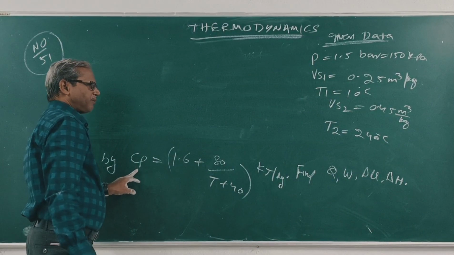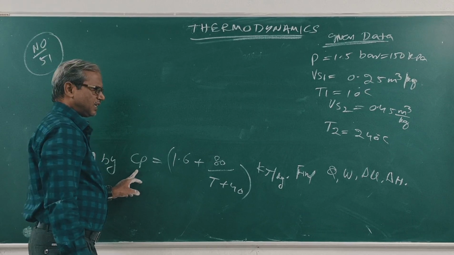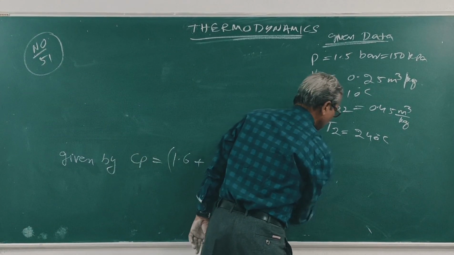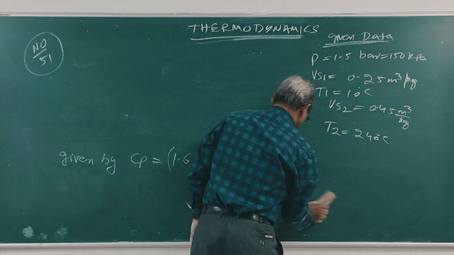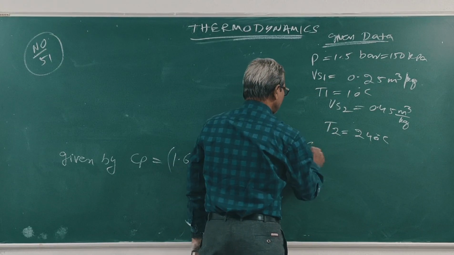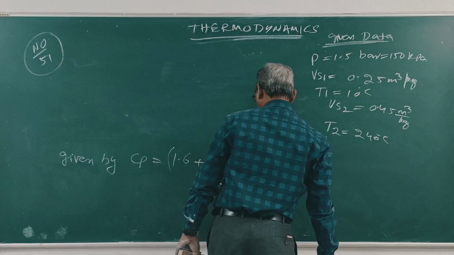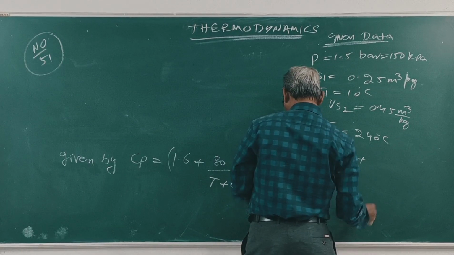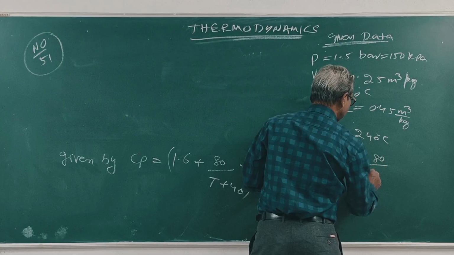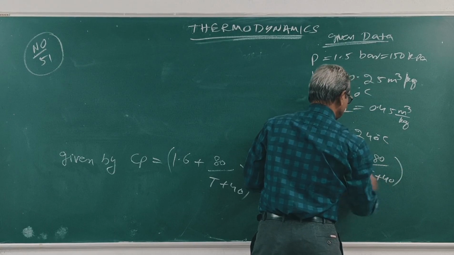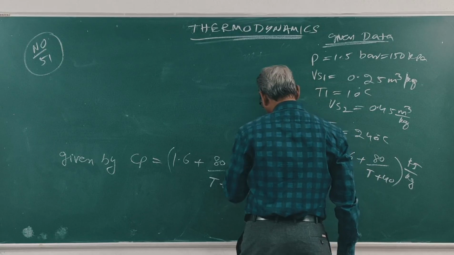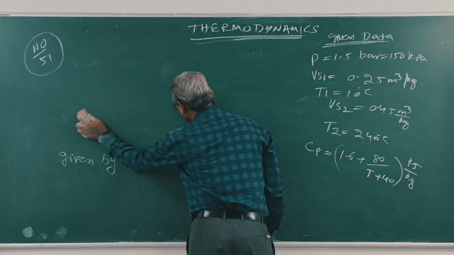This is Cp. What is Cp? Specific heat at constant pressure. Cp is equal to 1.6 plus 80 by T plus 40 kilojoule per kg. Right?